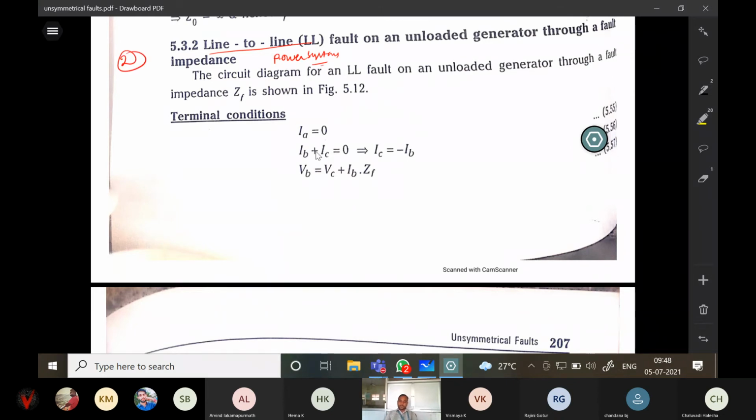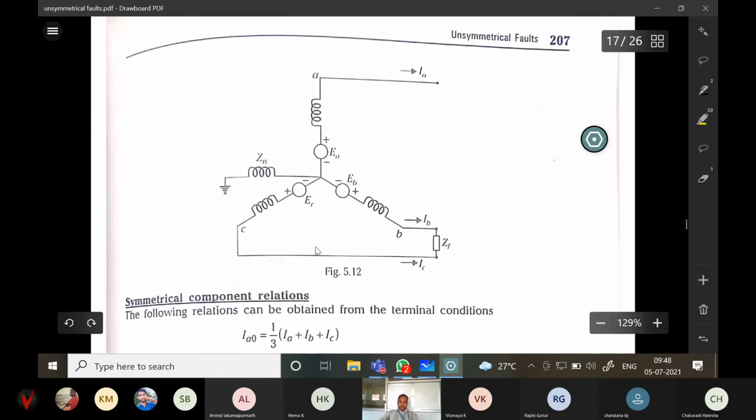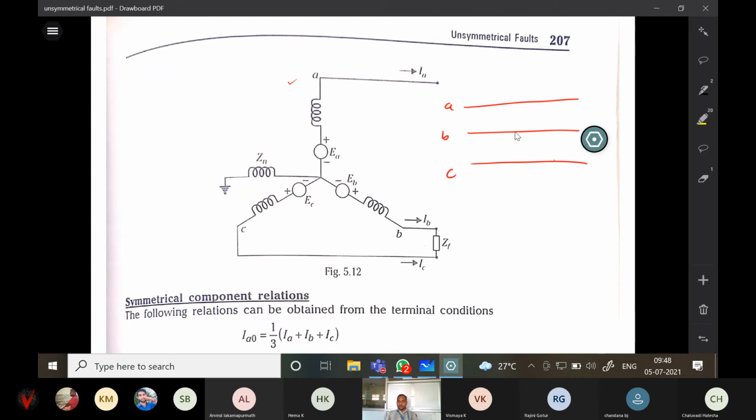So in this case, previously we drew this diagram, so now we need to draw the fault on the power system. Take this diagram A, B, C. So the fault occurs as a line to line fault, so the line is shorted between these two conductors.